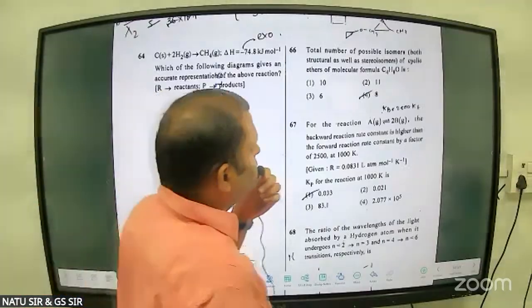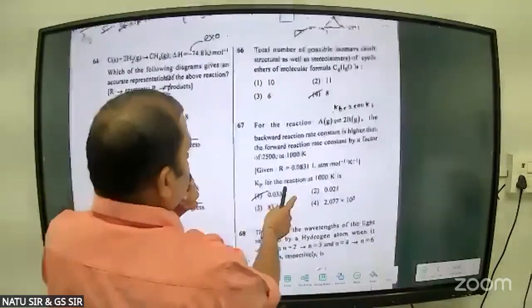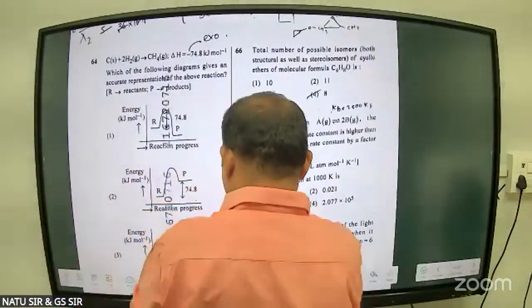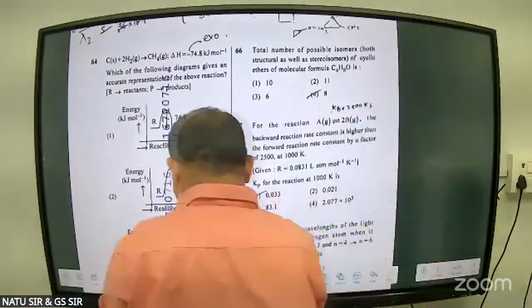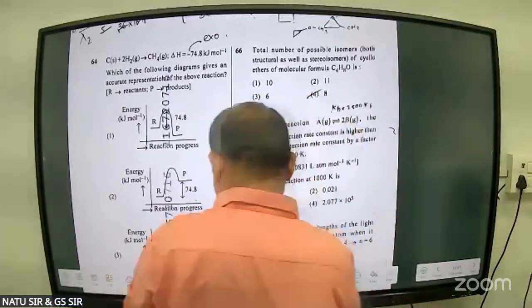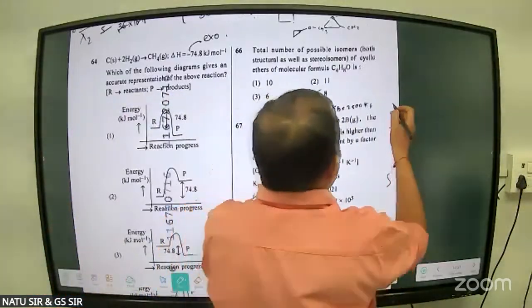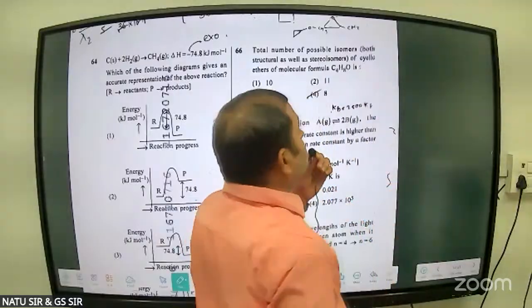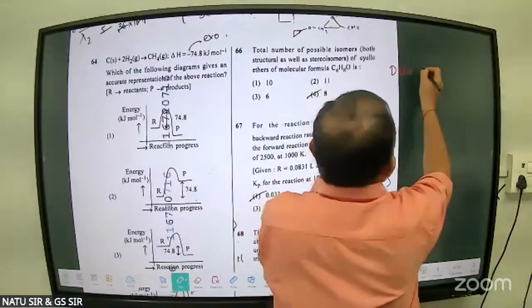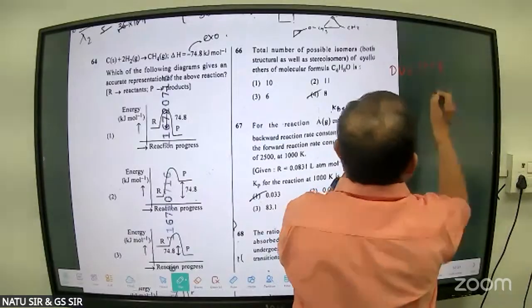So first of all, the degree of unsaturation of this molecule, if you calculate, so degree of unsaturation of oxygen containing compounds is given as: 4 carbon atoms are there, 2 times 4 is 8, 8 plus 2, 10. 10 minus 8.